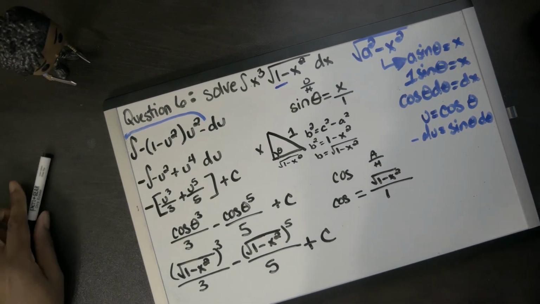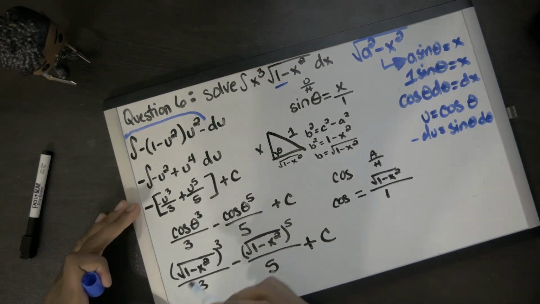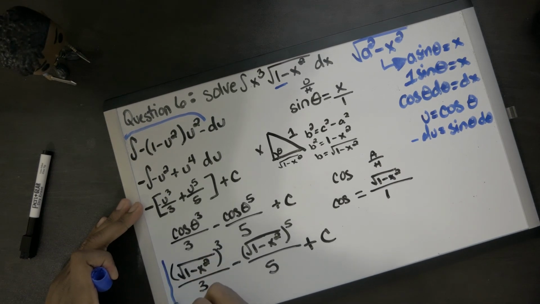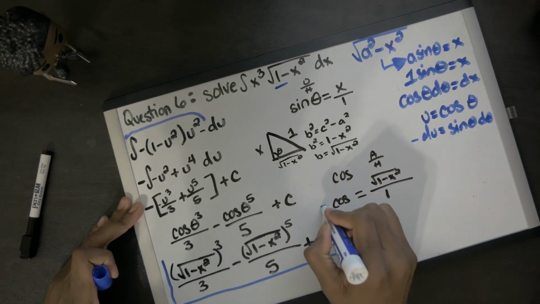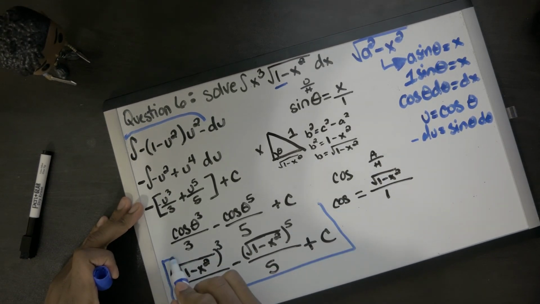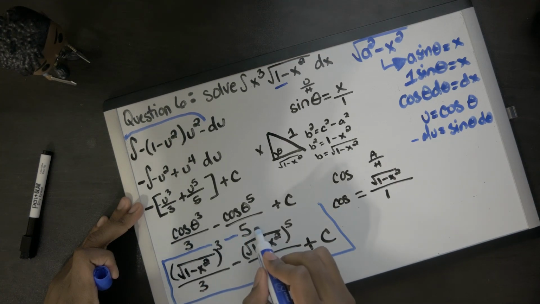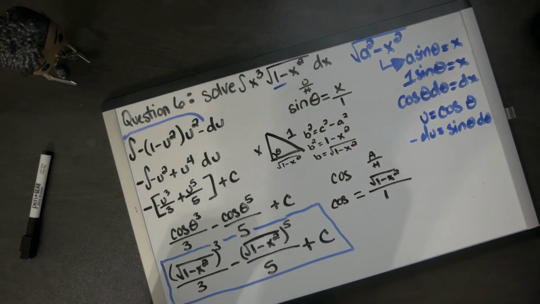And that returns us back to things in terms of x, and we have our constant giving us the final value of the integral.